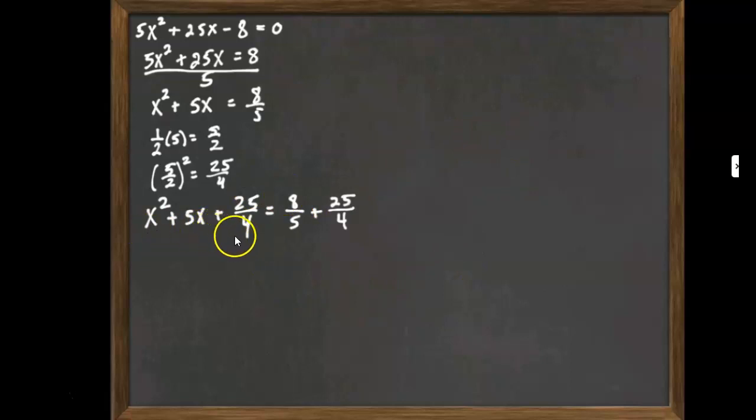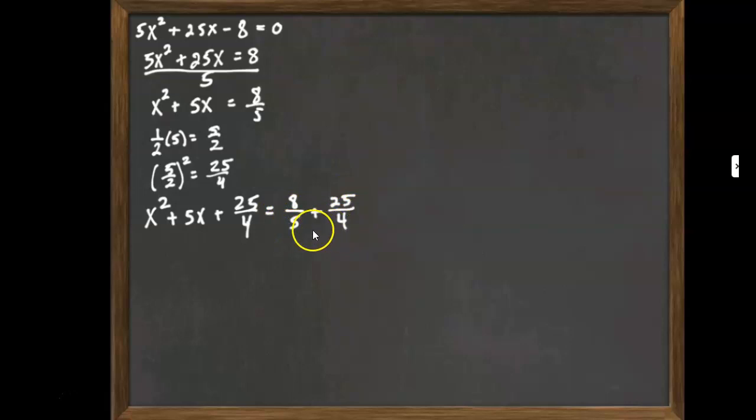Now on the left-hand side, this is just going to factor as x plus 5/2, and we'll write that down in a moment. But first I want to say, to add these, I need to get a common denominator, 8/5 and 25/4.